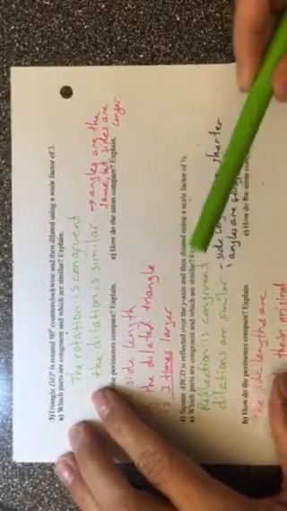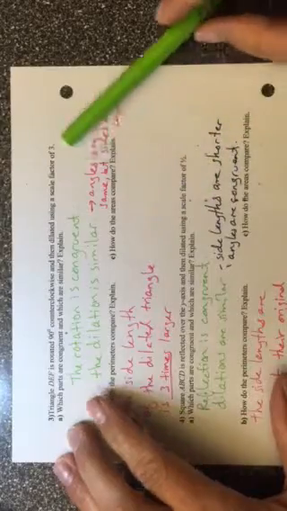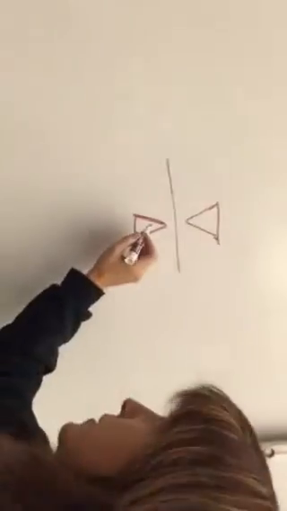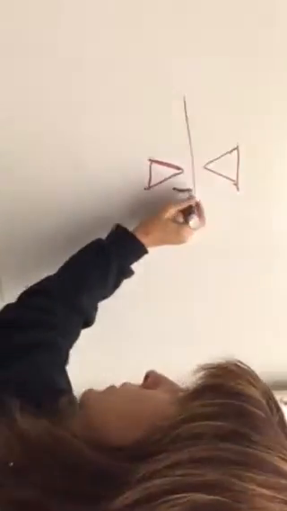Okay, and on the back, there's a series of questions about congruence and similarity, and I want to talk about it briefly. So in general, we know that a rigid motion, in other words a reflection, with my famously amazing drawings, a reflection always has congruency because it's a rigid motion.